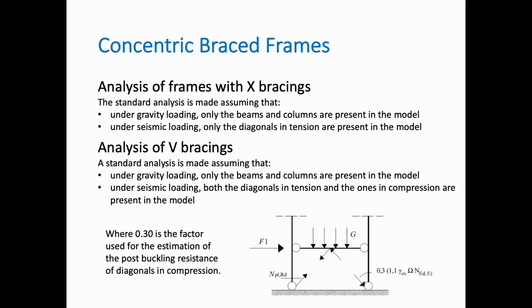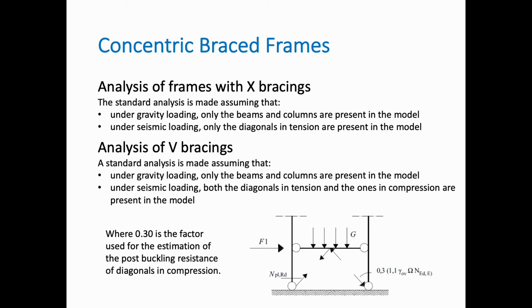Looking at the analysis of frames with X bracings, the standard analysis is made assuming that under gravity loading, only the beams and columns are present in the model, and under the seismic loading, only the diagonals in tension are present in the model. And this is again the same concept of having the distinction between the two systems.